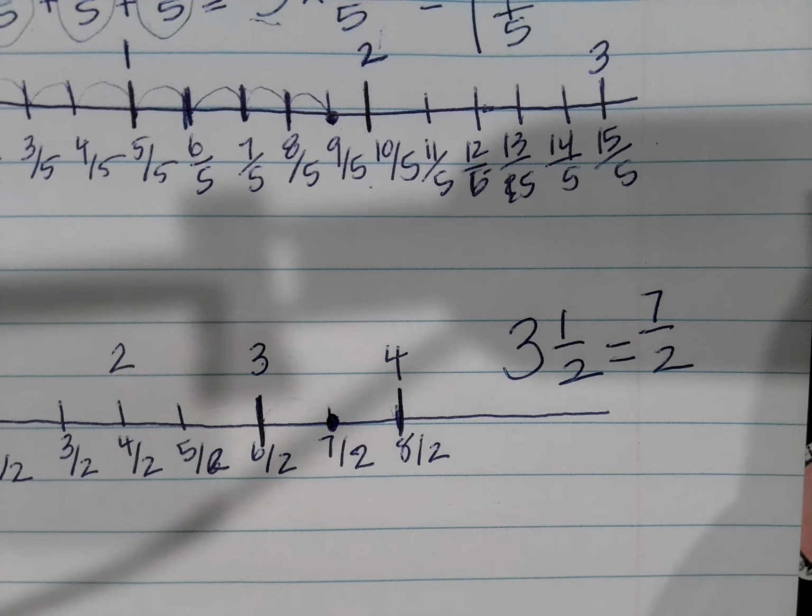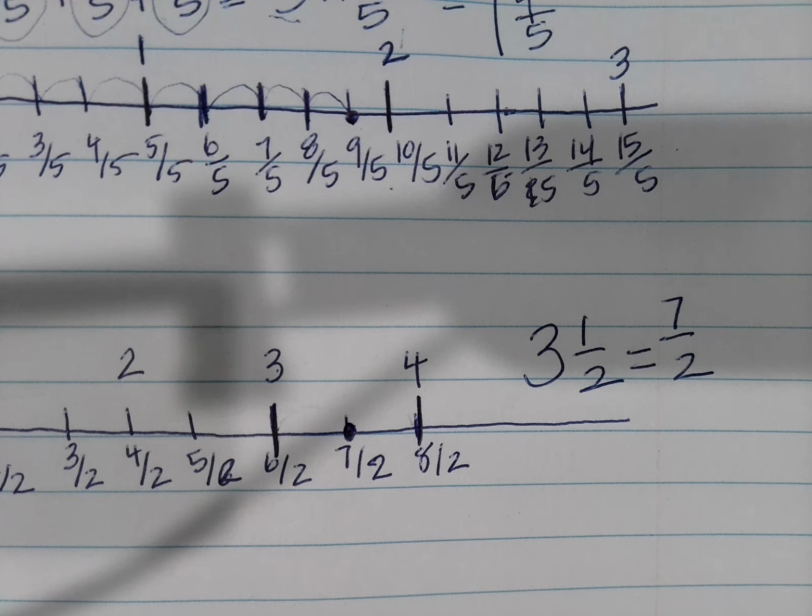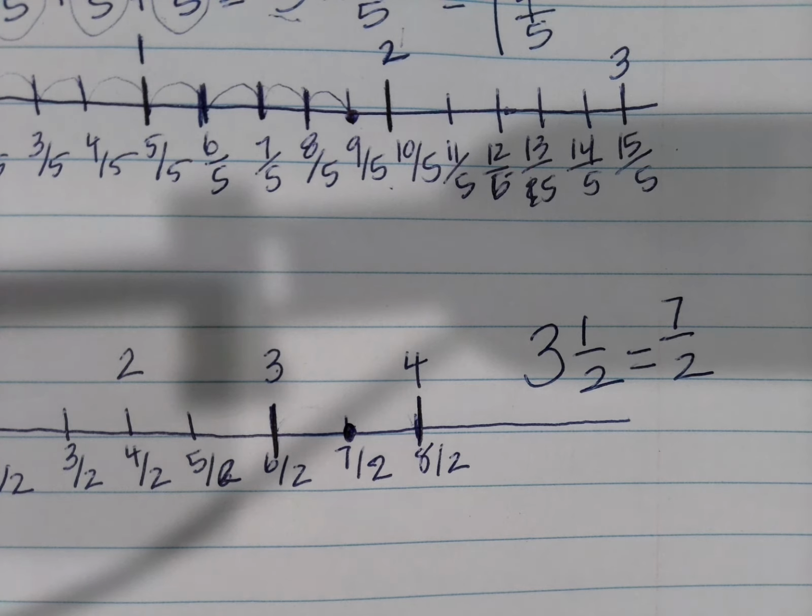All right, hopefully that's enough examples to help you out. If not, I'm happy to work some more with you. I want you to go ahead and do your exit ticket.